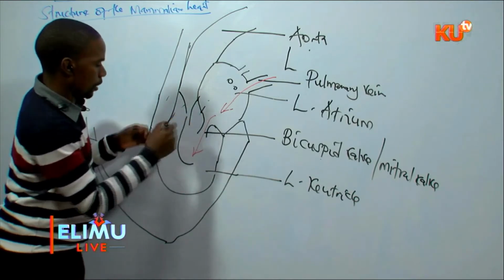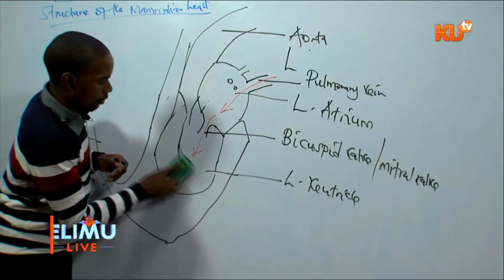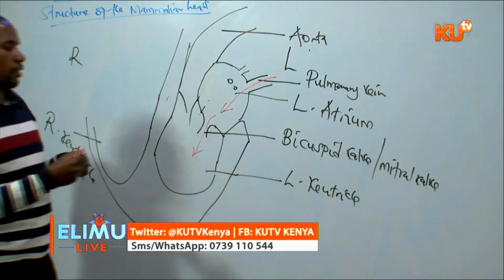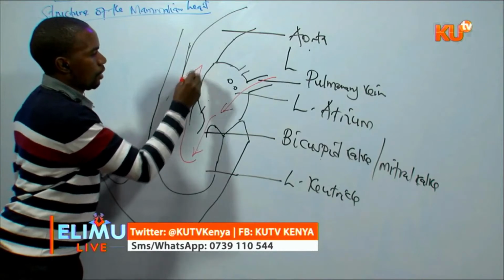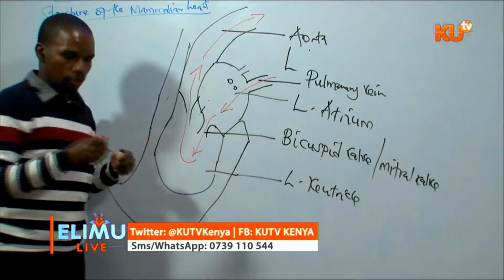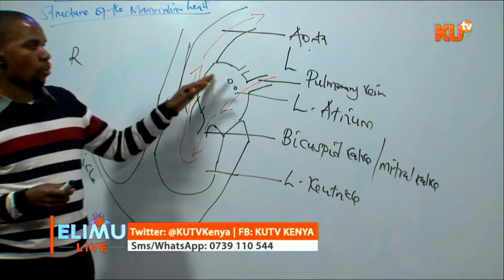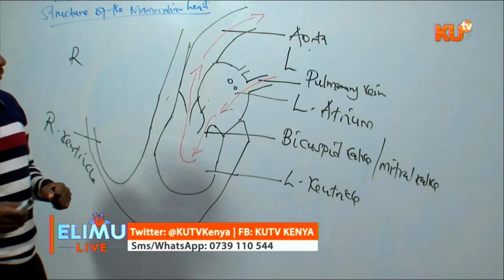Blood is then pushed. Let me use the red one to indicate the movement of blood. So blood is moved like this to the rest of the body. So specifically, this is what we are talking about as far as the left side of the heart is concerned.